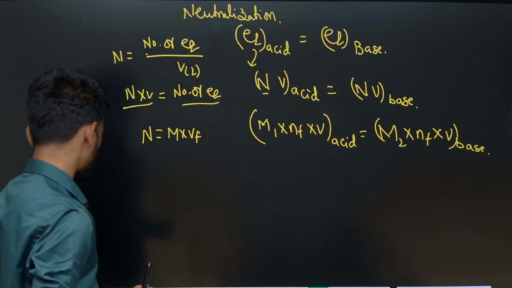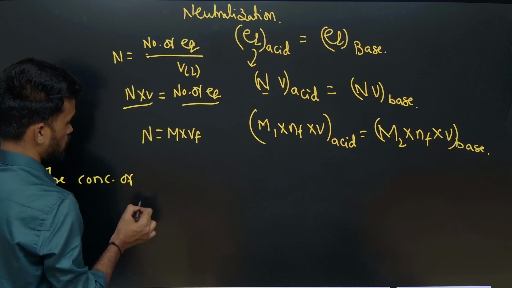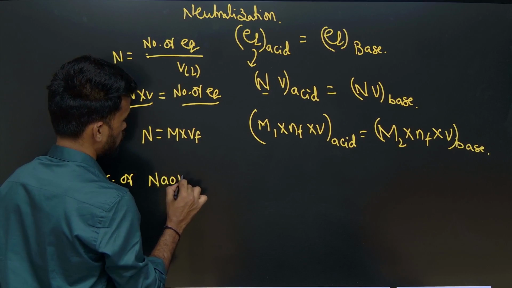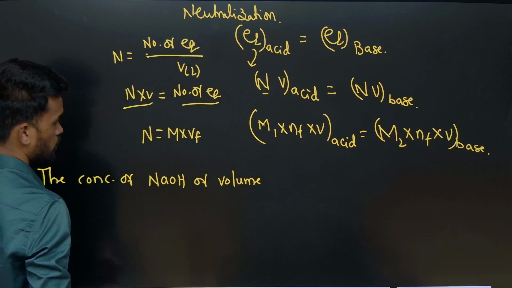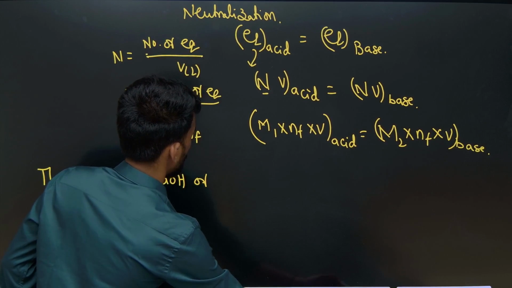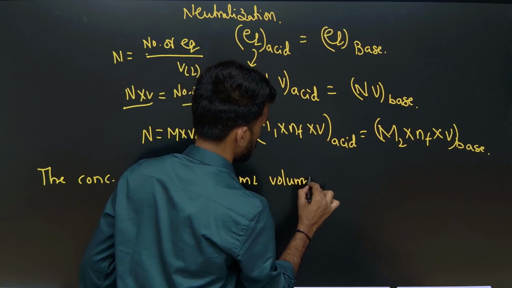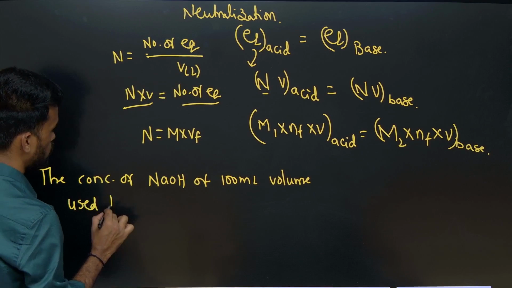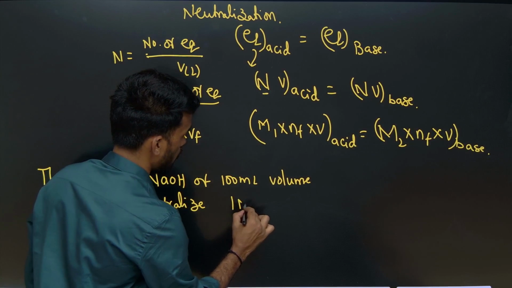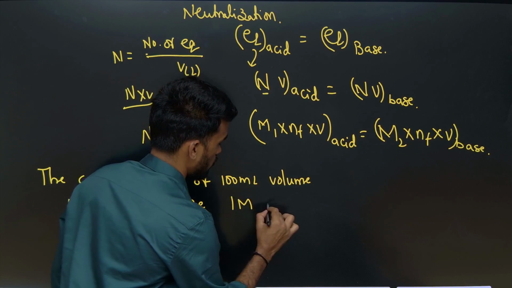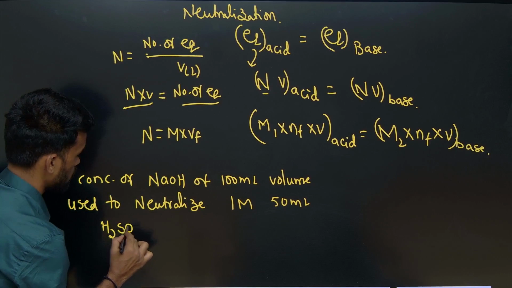If you want, you can try this question. The concentration of NaOH of volume 100 ml used to neutralize 1 molar 50 ml sulfuric acid.